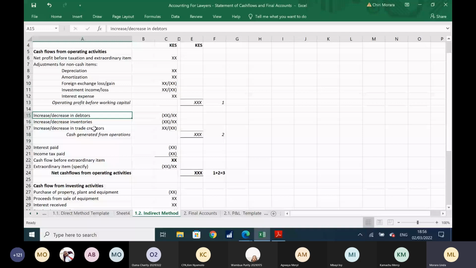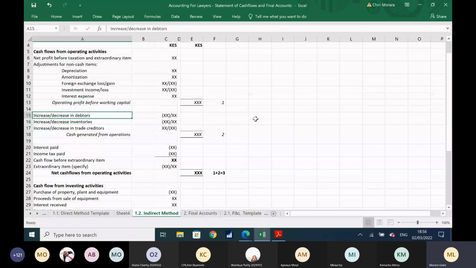Let's say at the beginning of the year, you're expecting 400K. At the end of the year now, you're expecting 200K, right? Which means it has reduced. If it has reduced, it means you have actually received the net effect, which is 200K from your debtors.